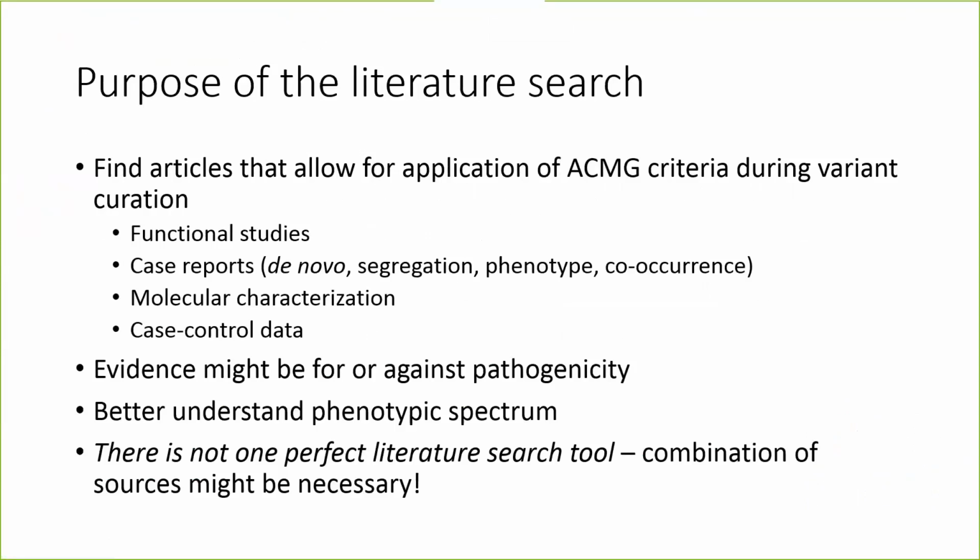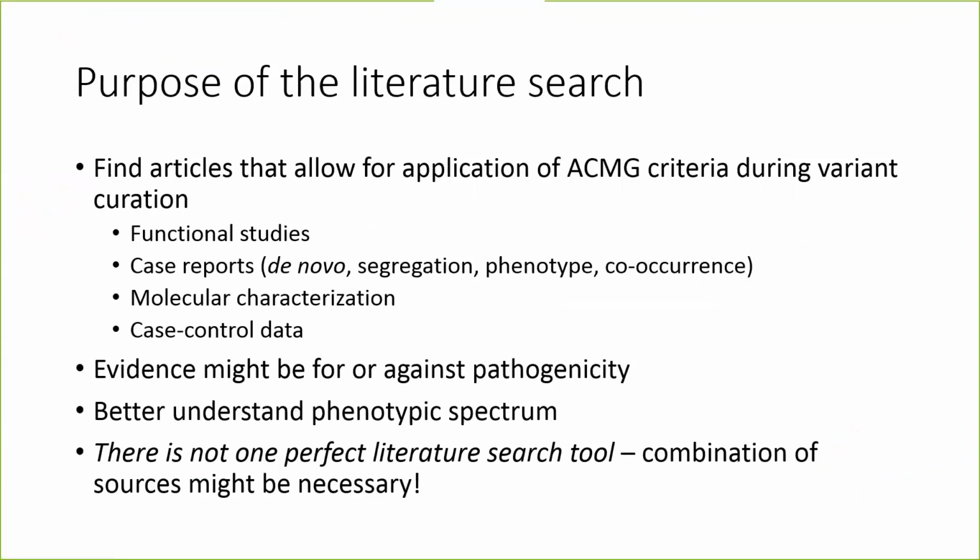When we're doing literature search, we're going to have to keep an open mind. We might have some inkling as to whether or not the variant is leaning more pathogenic or more benign when we start looking into it, but we want to keep an open mind and make sure that we're looking for literature that might either support pathogenicity or support a benign effect.